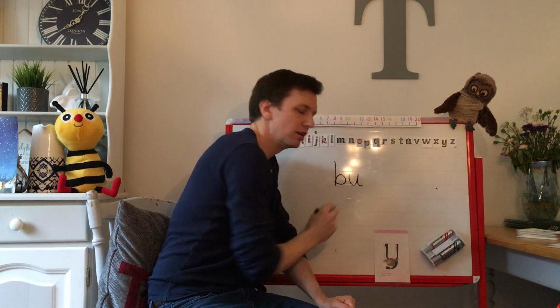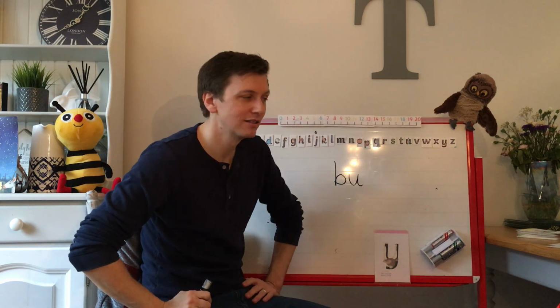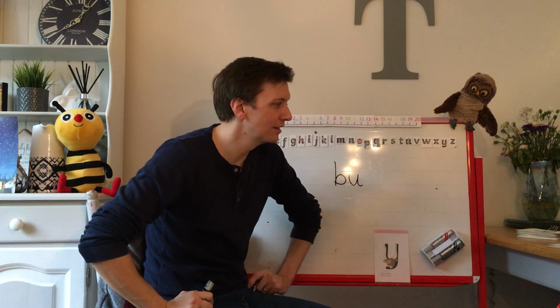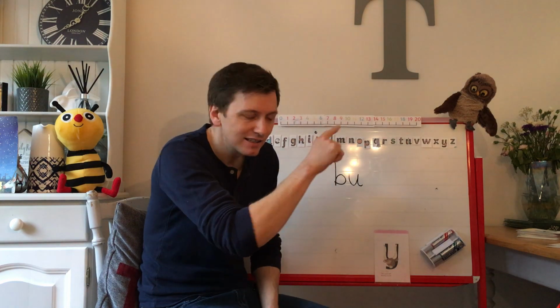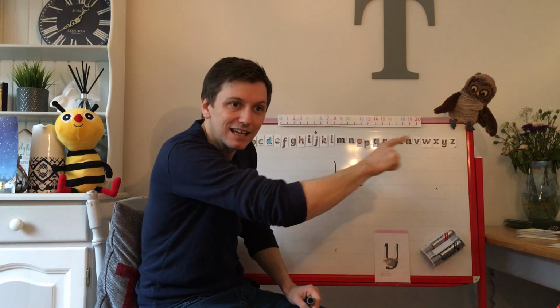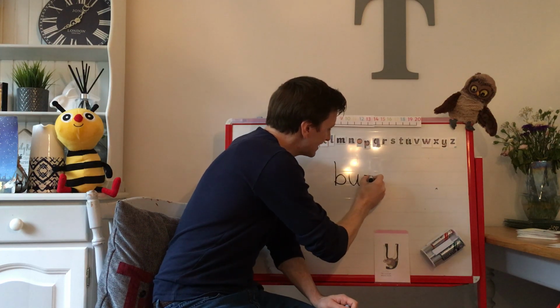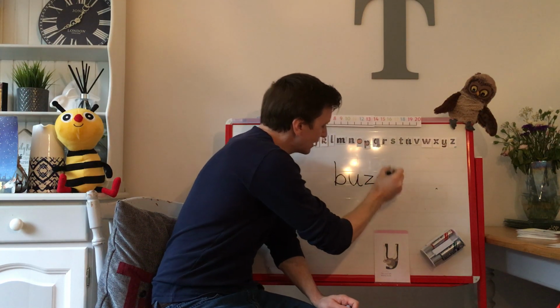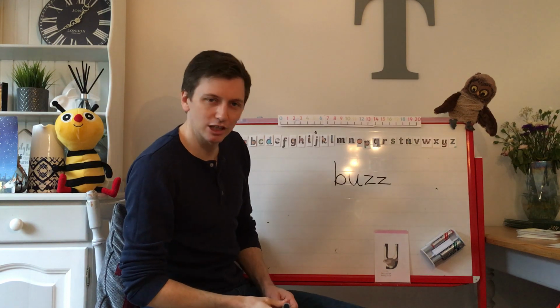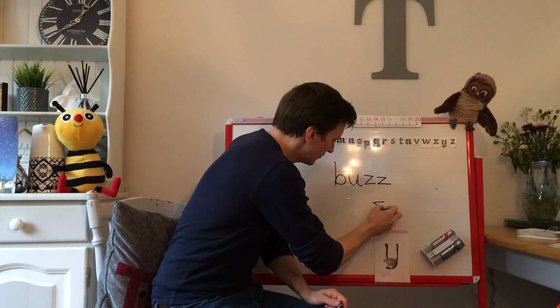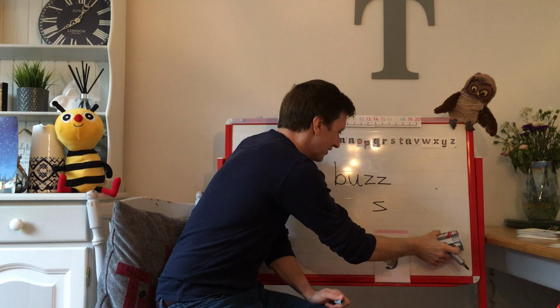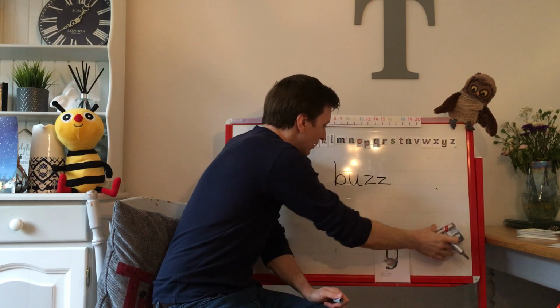Z. I haven't taught you yet, have I? Zig, zag, zig. Zig, zag, zig. So we go zig, zag, zig. You have to get it the right way round. Not quite that way. Make sure you start the right way.